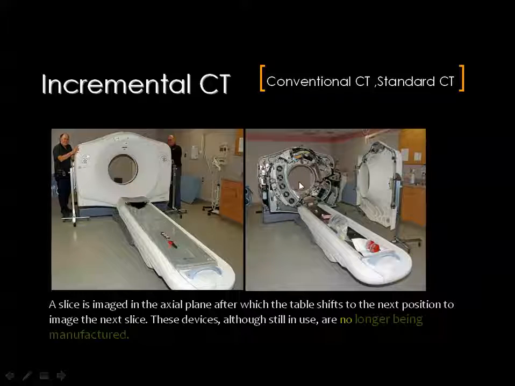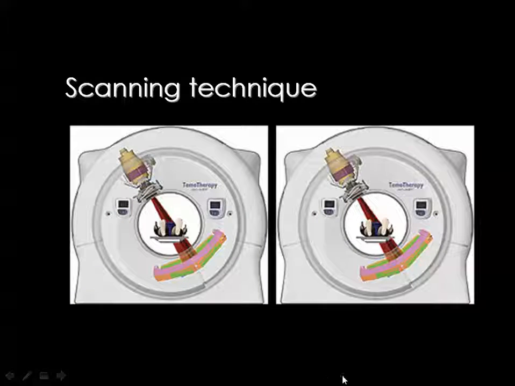And the patient is in between these two important parts of the machine, the X-ray tube and the detector or the imager. Look at this diagram to show the position of the patient relative to the position of the X-ray tube and the detector.